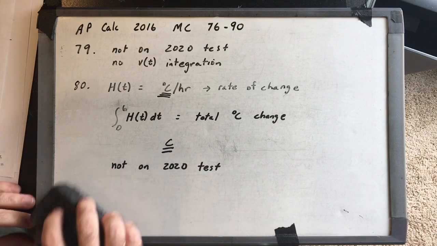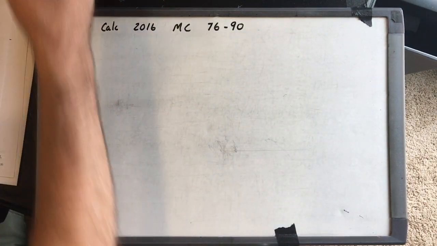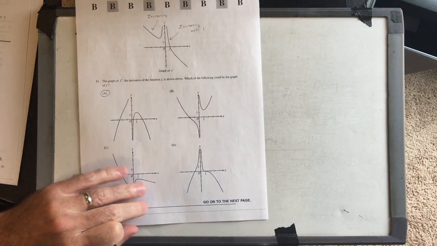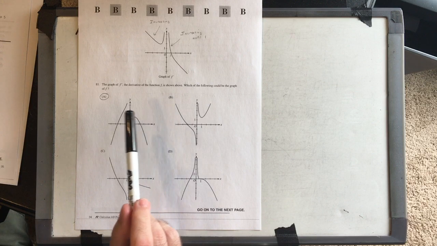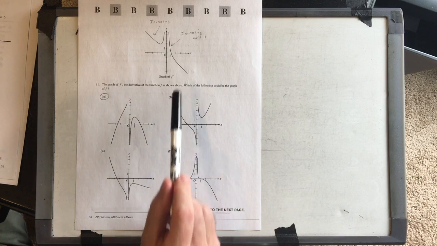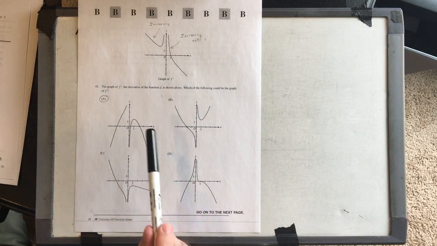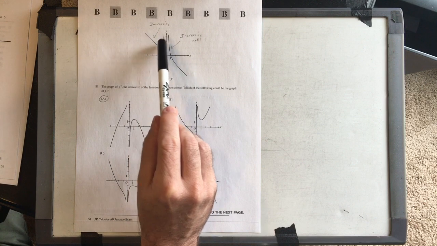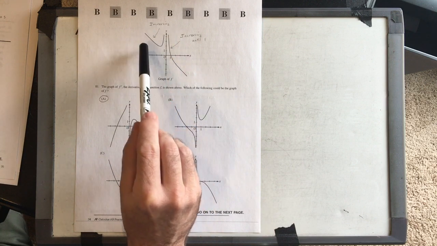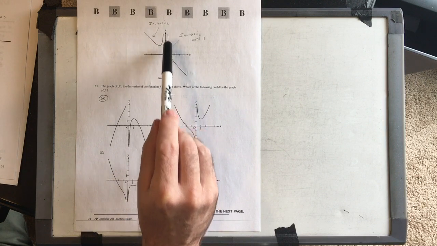All right, 81. I'm going to pull the problem into view. You've got a graph of f prime, and it asks, what is a possible graph of the original function? Anytime the graph of the derivative is above the x-axis, that means the function is increasing. We also have the graph of the derivative above the x-axis here.